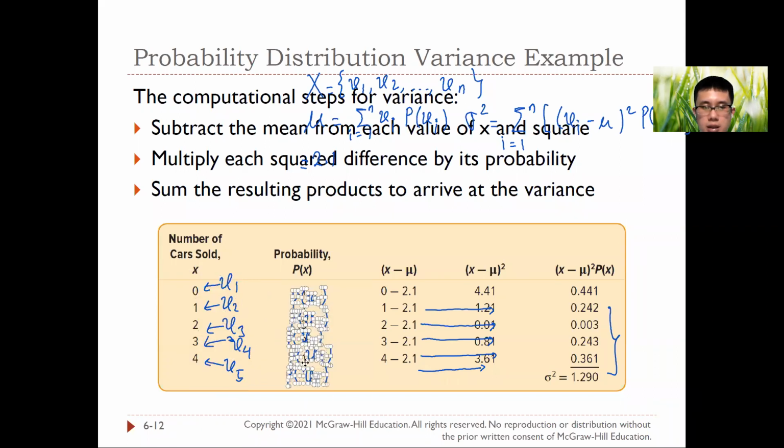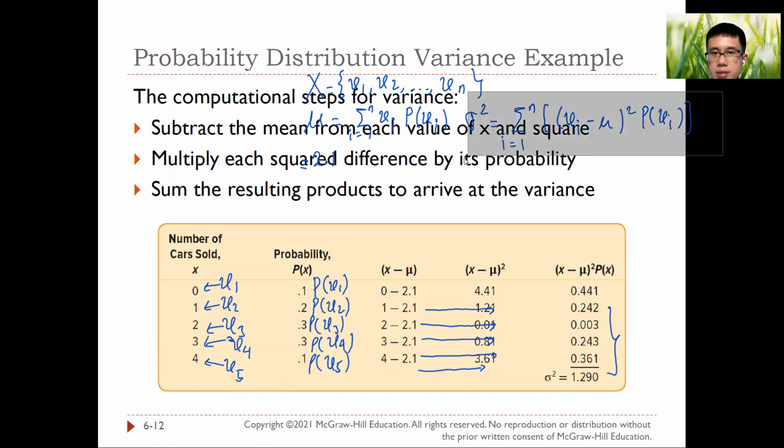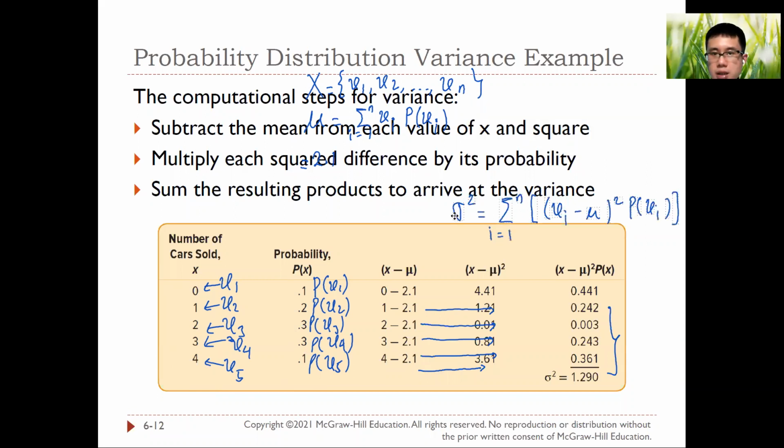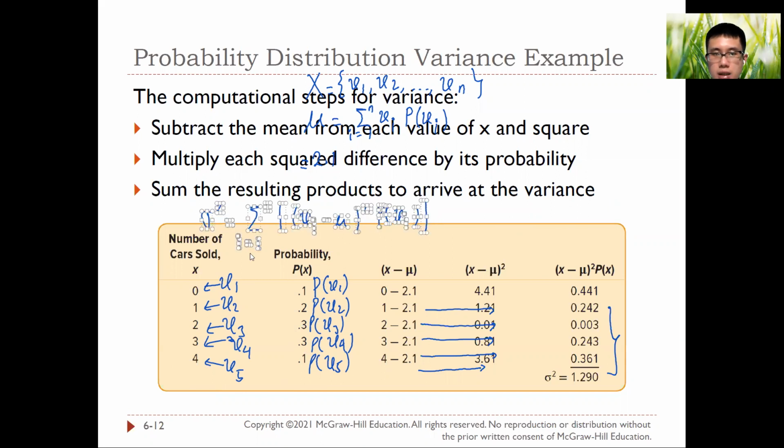From the formula of variance sigma square, we need to find xi minus mu first, and then we square them.